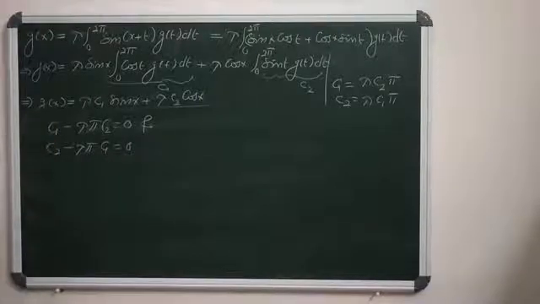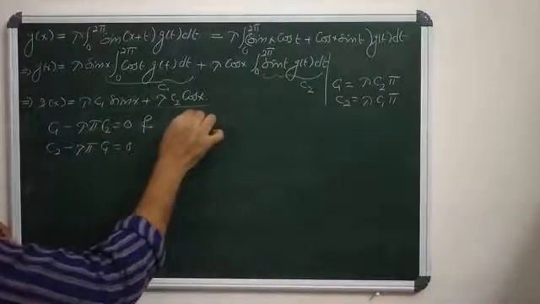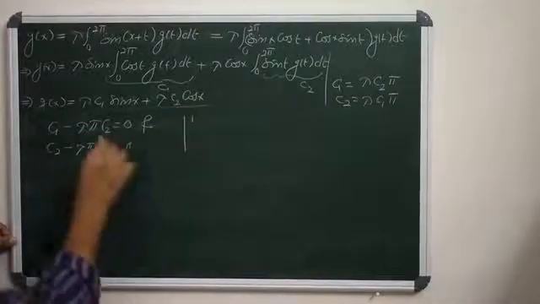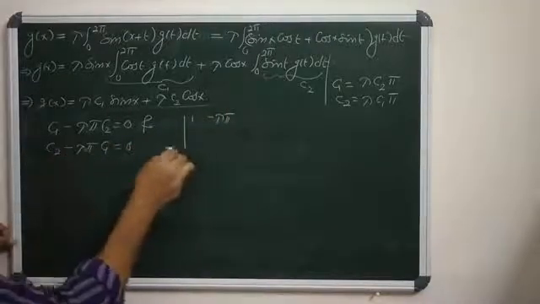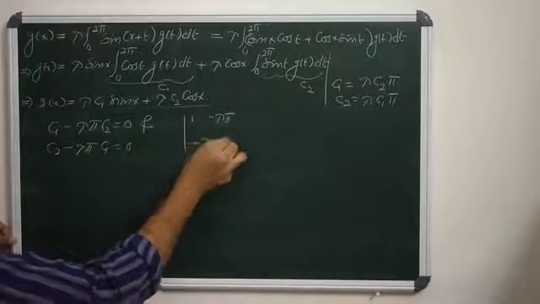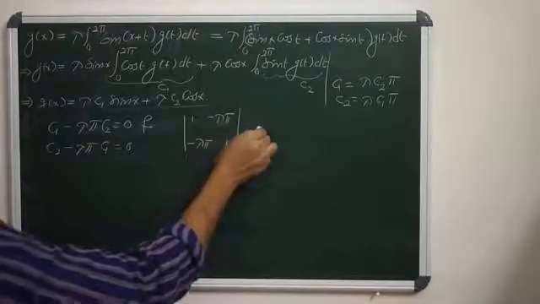So for non-zero solutions, consider the determinant of the coefficients: coefficient of C1 is 1, coefficient of C2 is minus lambda pi, and in the second equation, coefficient of C1 is minus lambda pi and of C2 is 1. Equate it to 0.